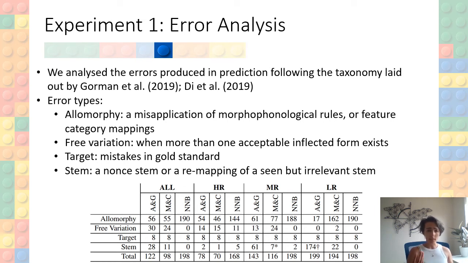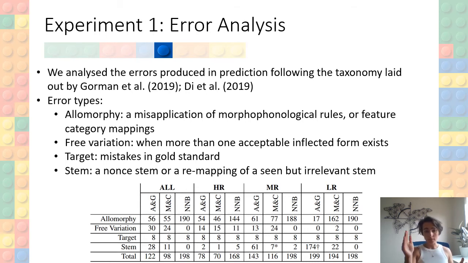The second is a category we introduce, free variation, and that's basically a consequence of the fact that our corpus is naturalistic. So you might have interspeaker variation of various forms, so more than one acceptable form may exist. The third category is the target error, which basically means that we have mistakes in the gold standard.